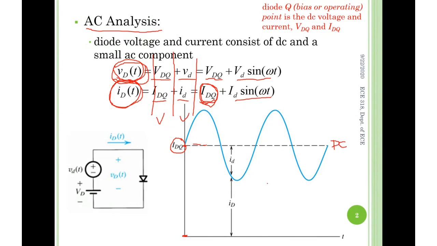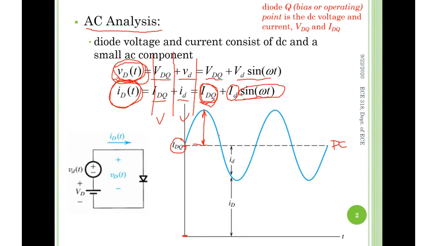And then what's the AC? The AC is the sinusoidal part of the blue curve. This sinusoidal has a magnitude from here to here, equal to capital I sub d, times sine omega t, with a certain frequency, of course.